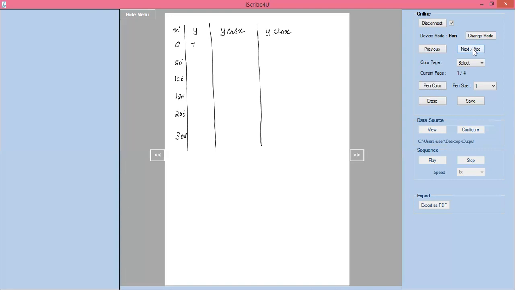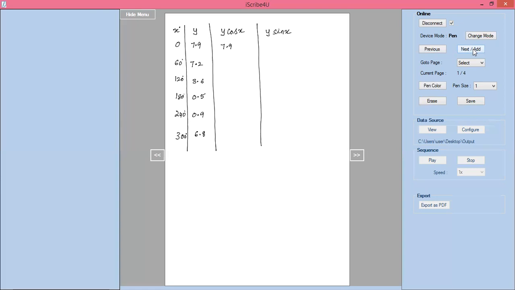Now y values should be 7.9, 7.2, 3.6, 0.5, 0.9, and at 300 it should be 6.8. Now we have to find y cos x. How do you find y cos x? We know y is 7.9 into cos 0. Cos 0 is 1, so that equals 7.9.